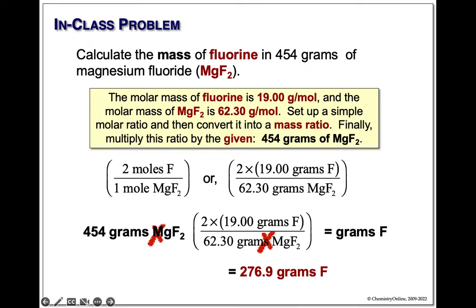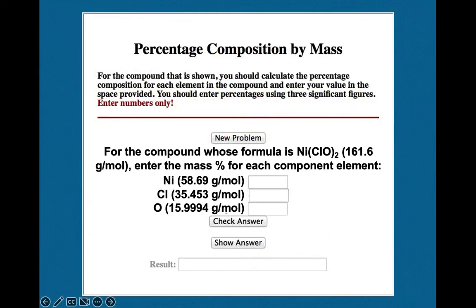All right, so this leads us up to the last tutorial for this chapter, and this is percent composition. What is this stuff? That's nickel. Nickel is a transition metal.